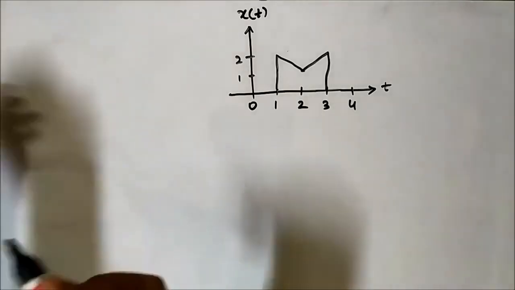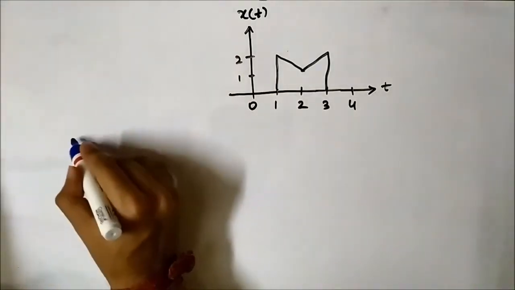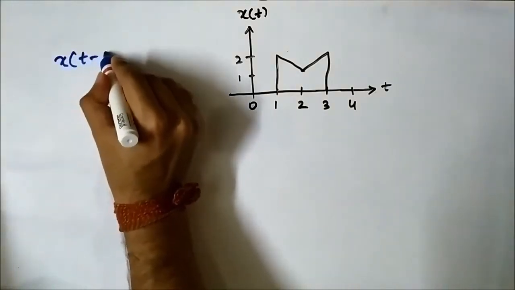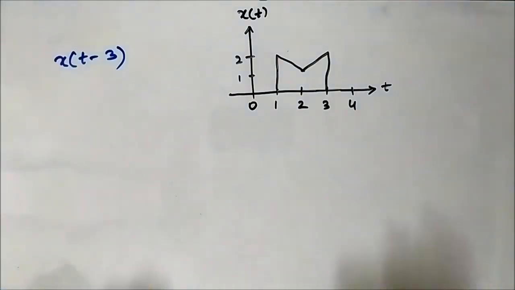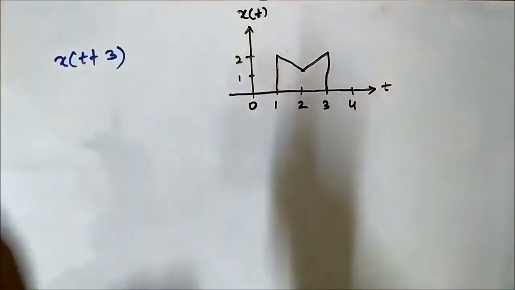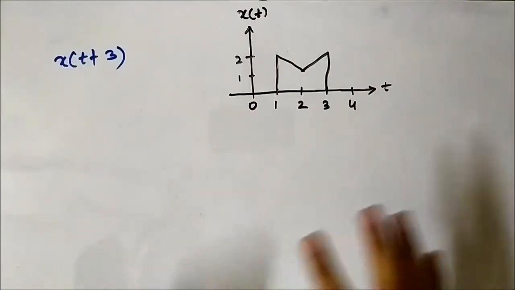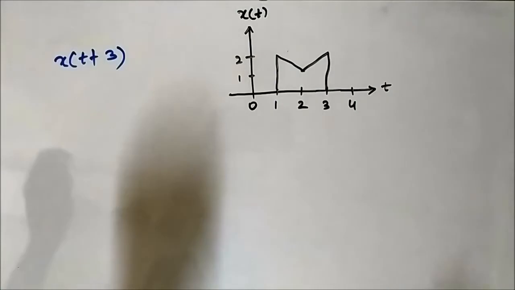Let us first do this operation. Let's say x(t+3). First let's do plus and then we'll do minus. Here, if we want to perform the shifting operation directly, we have to follow the sign convention.